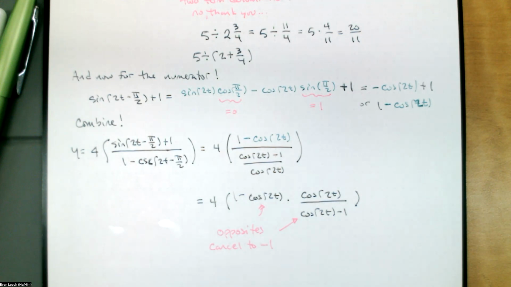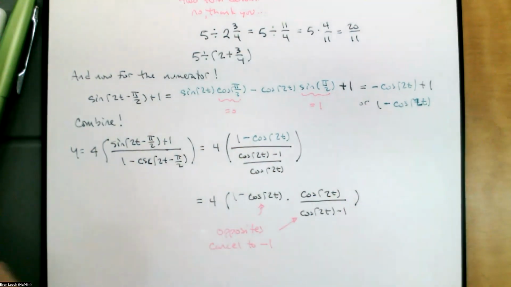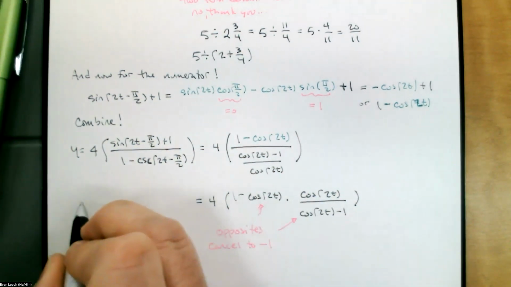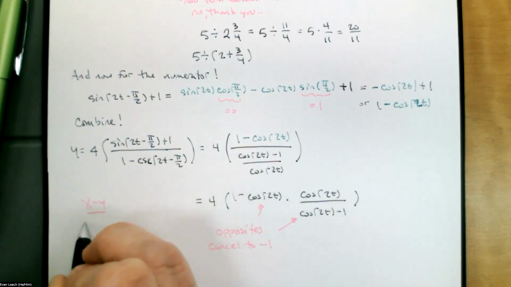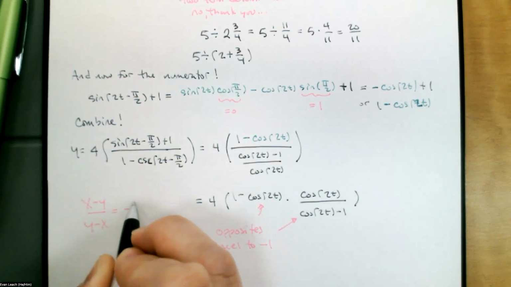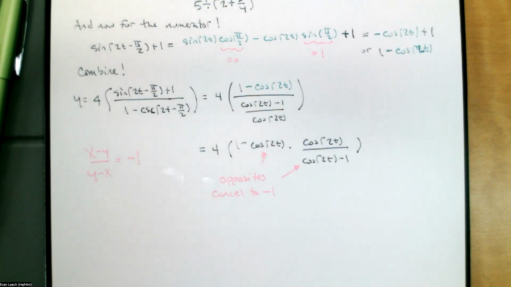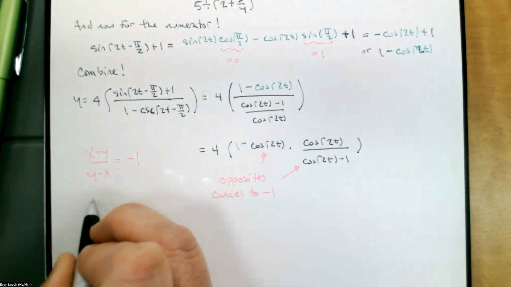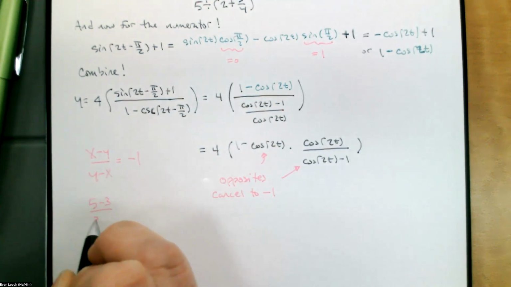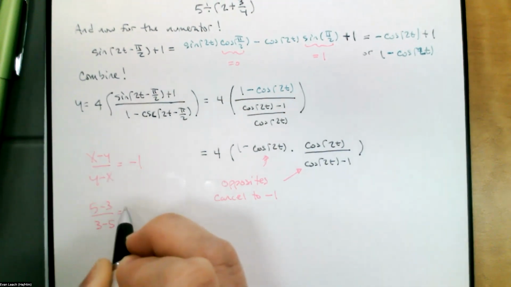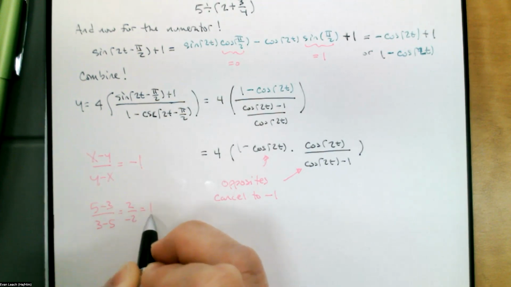If I divide opposites, if I take x minus y and divide by y minus x, that's negative 1. Not because of fancy algebra rules, but if I take 5 minus 3 and divide it by 3 minus 5, I get 2 over negative 2, which is negative 1.